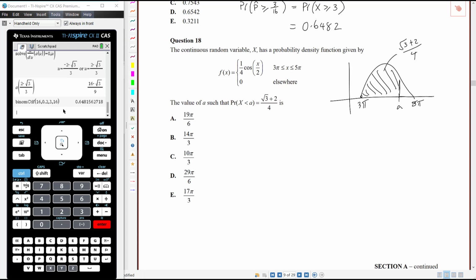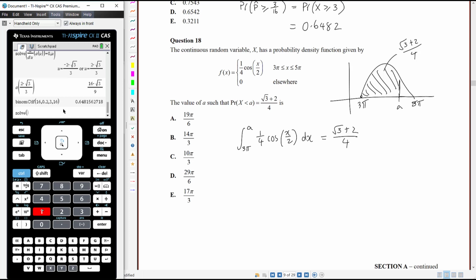So what you know here is that the integral from 3 pi up to a of our probability density function has to be equal to root 3 plus 2 over 4. And we'll just get our CAS to solve that for a.